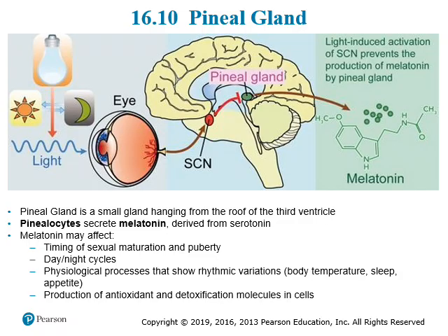That's why, when melatonin is not produced so much during the daytime, we are awake. The production of antioxidant and detoxification molecules in the cells is also another effect of melatonin.